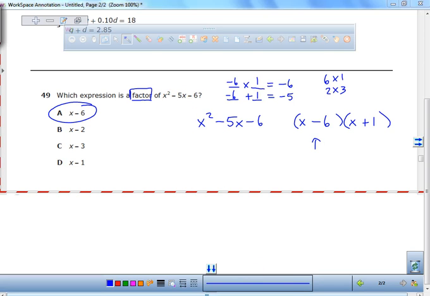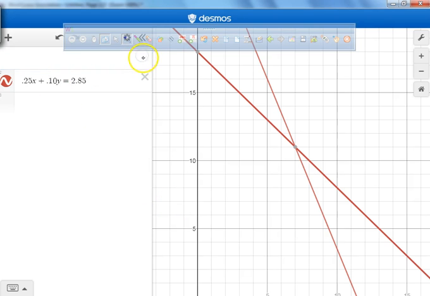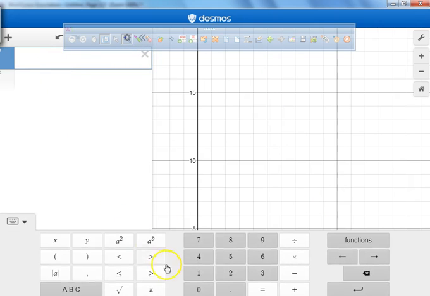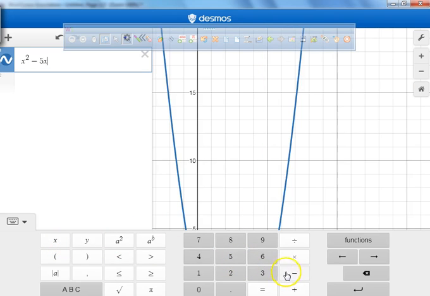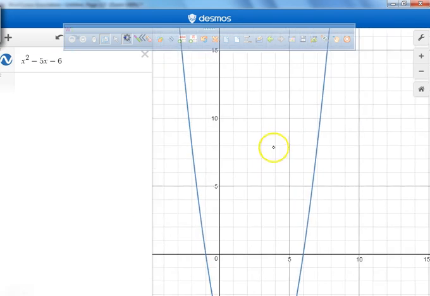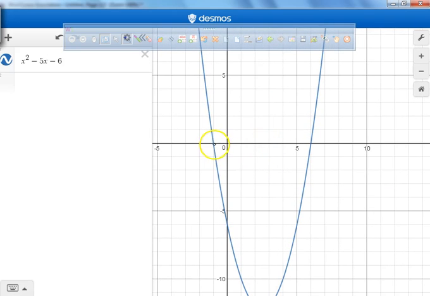You take, I'm going to clear this out, x squared minus 5x minus 6. Now this is what I want you to pay really close attention to. Does everybody see a 0 here and a 0 there? The zeros of that parabola, where it crosses the x-axis. This is what you got to look for. All right?